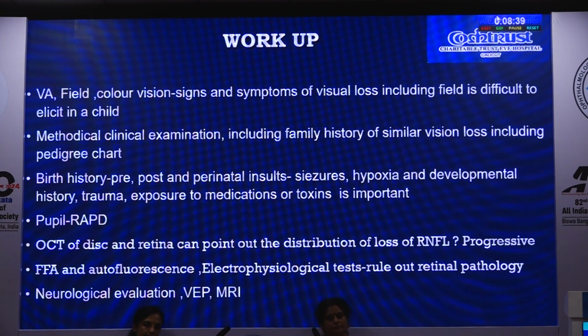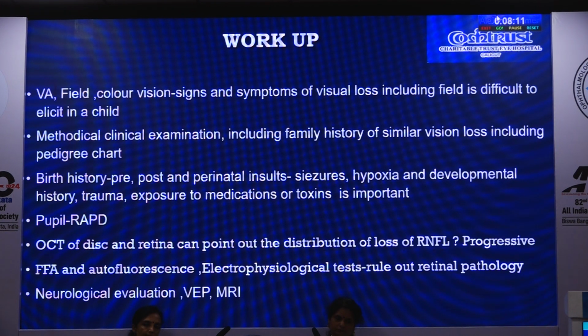So a good workup: visual acuity, field, color vision when possible. Signs and symptoms of visual loss, including field, are not easy to elicit in a very young child, so a methodical clinical examination is needed, including a family history of similar vision loss with a pedigree chart, birth history, pre, post and perinatal insults, seizures, hypoxia, developmental history, trauma, and exposure to medications or toxins.